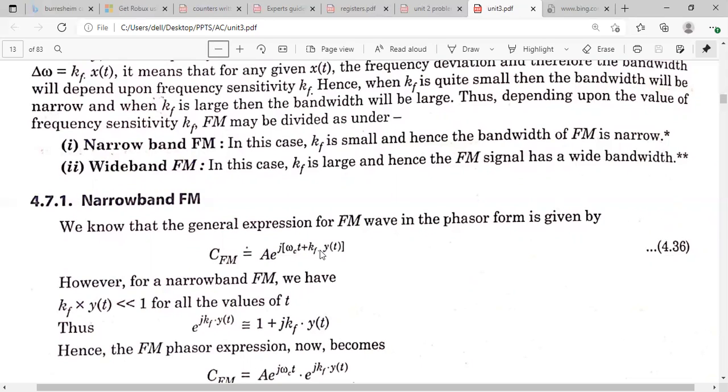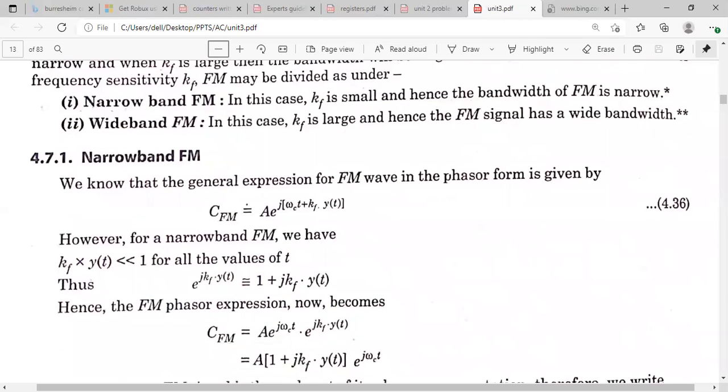If x is a very small value, you can neglect the higher order terms, and that will be equal to 1 plus x. In the same way, 1 plus x is 1 plus KF into y of t. So e power j KF y of t, you can write as 1 plus j KF into y of t. That will be multiplied by A into e power j omega ct.